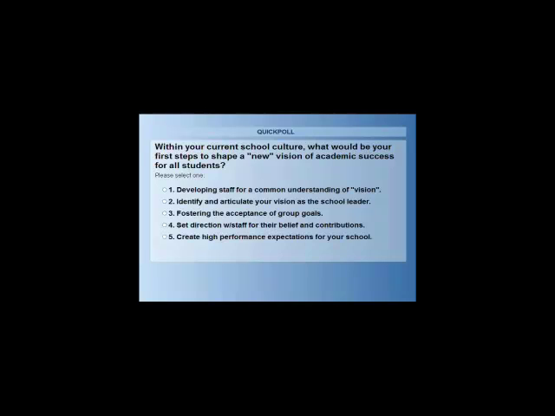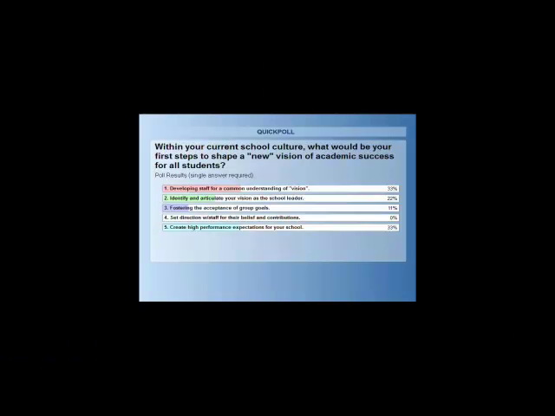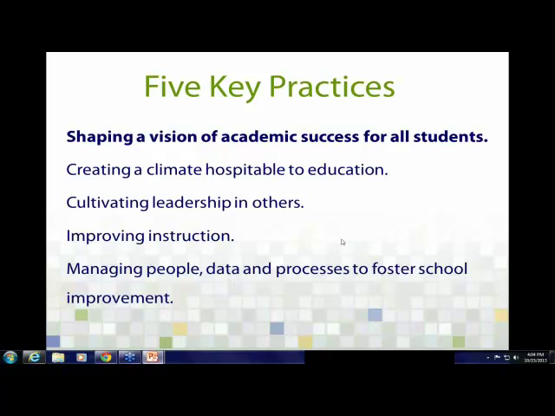Let's go back and take a look at our poll again. When we took a look at what you felt was most important in creating a new vision of academic success in your schools or in your organizations, 33% said developing staff for a common understanding, 22% to identify and articulate your vision, 11% for fostering the acceptance, 0% for setting direction, and 33% for creating high-performance expectations, which really leads the charge for all principals, whether they're new or experienced, to develop staff and create high-performance expectations for your school.